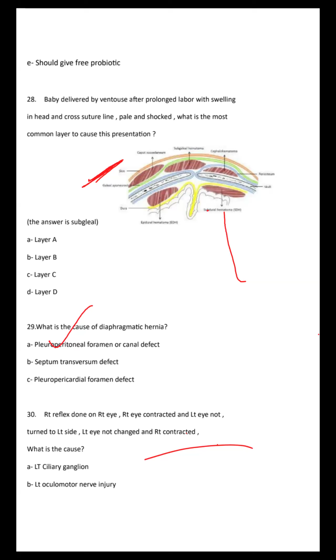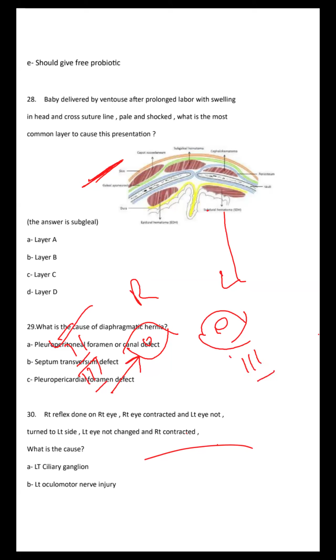It's a simple question, but I'm explaining it quickly. You just put the light over here. The right eye contracted, which means cranial nerves 2 and 3 are both entirely normal. But the left eye not contracted means the indirect reflex in the left eye, which is mediated by cranial nerve 3. So 3 is damaged on the left side.